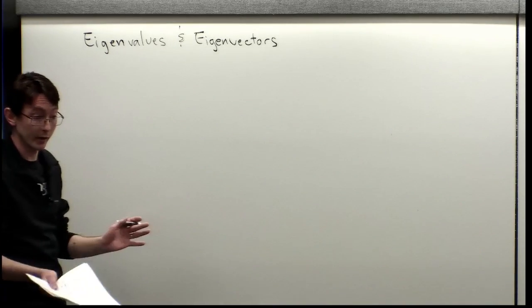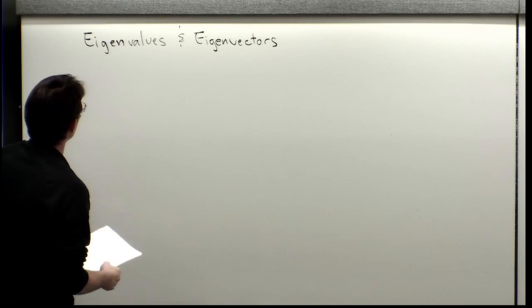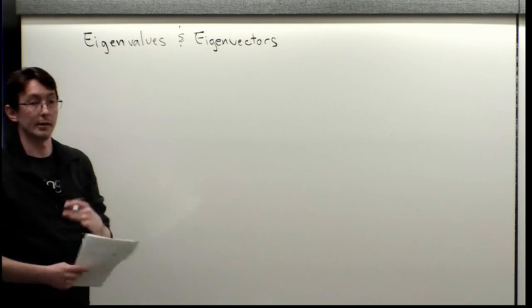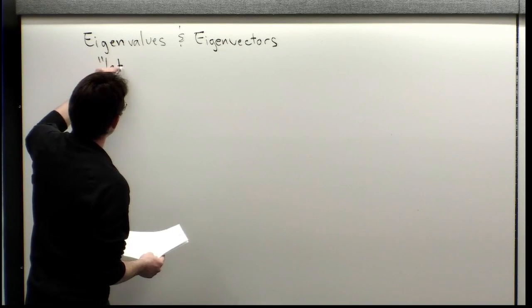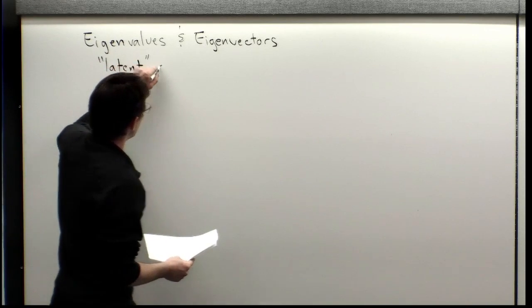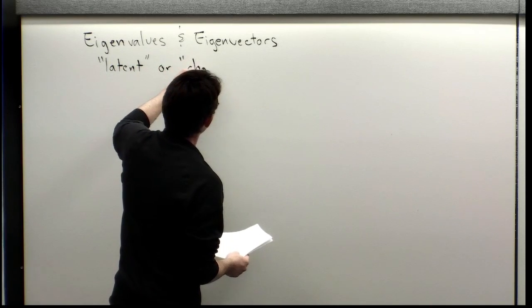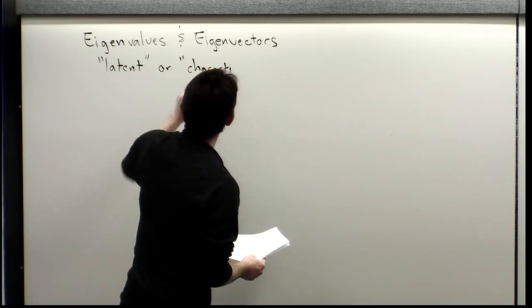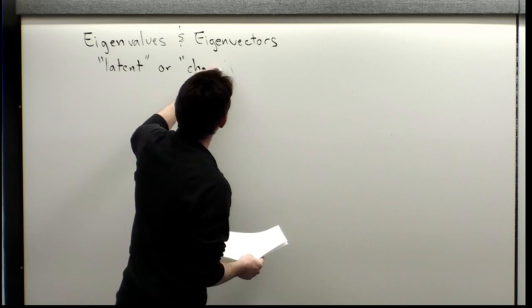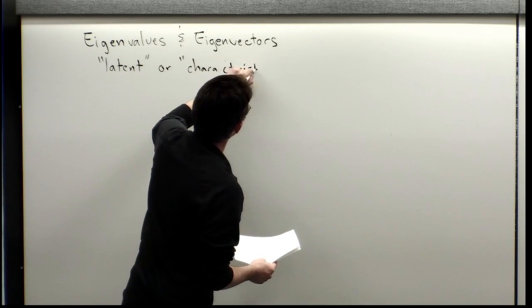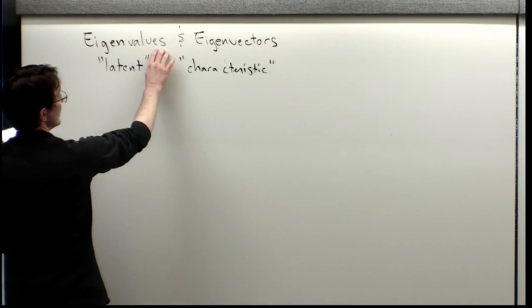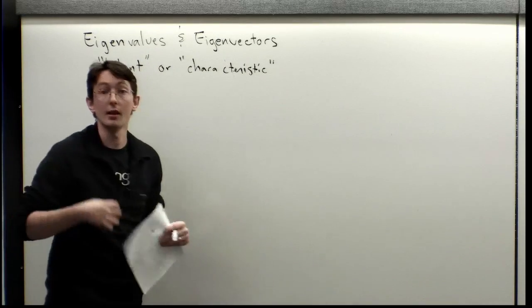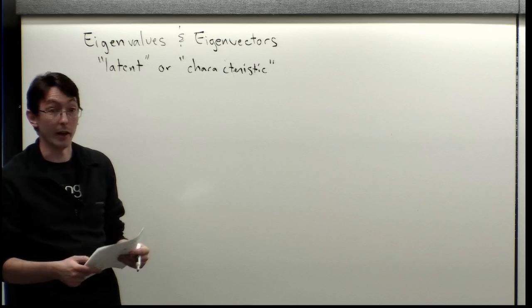Eigen is this great German word that means latent or characteristic. In some sense, these are special values and special vectors that pop out of a matrix A.